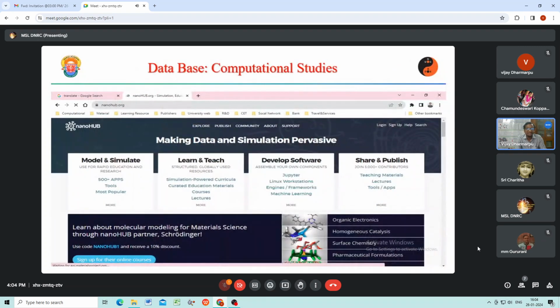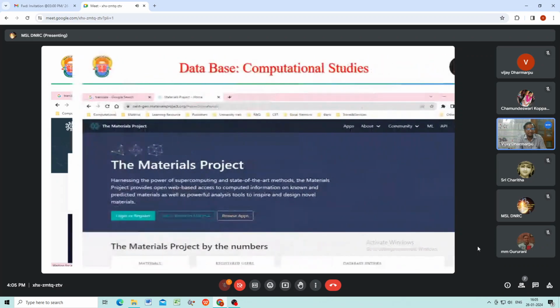Why I am mentioning this is to develop our knowledge, to acquire knowledge. We need to follow the websites. We need to follow many platforms. Then only we can get the information.